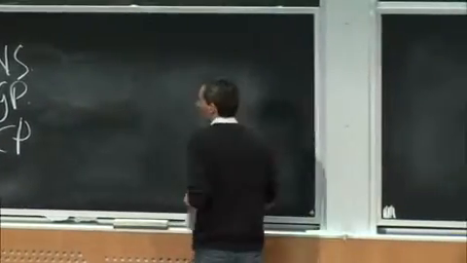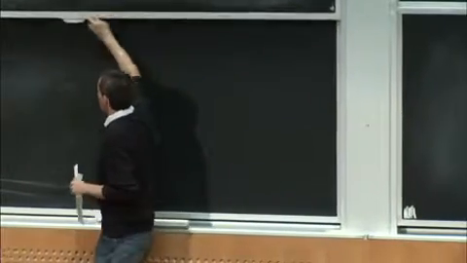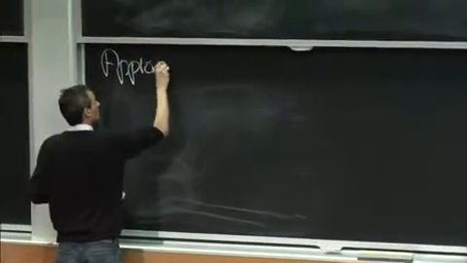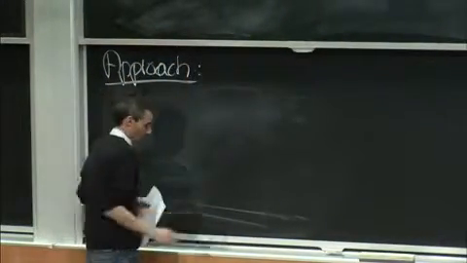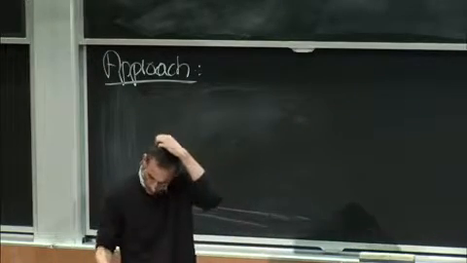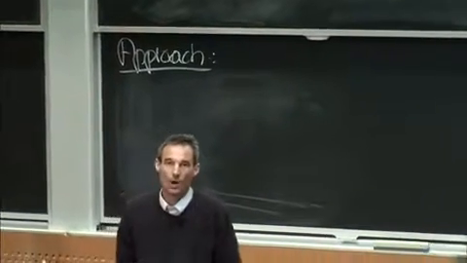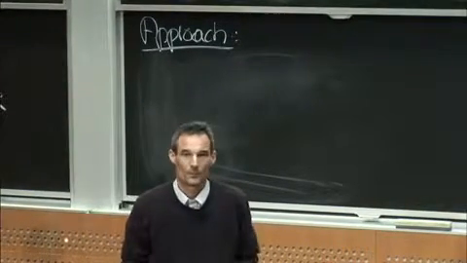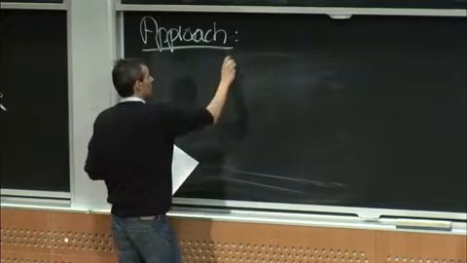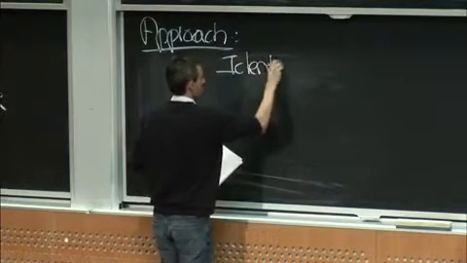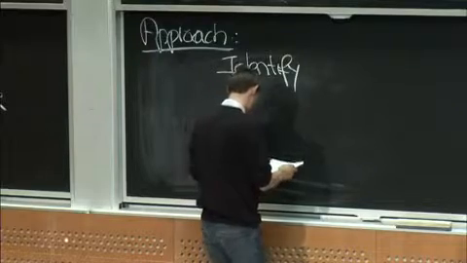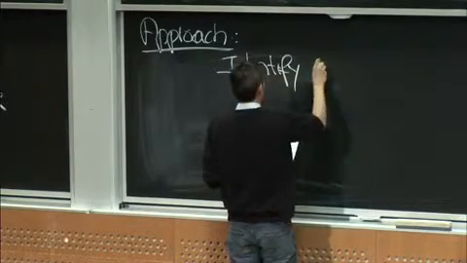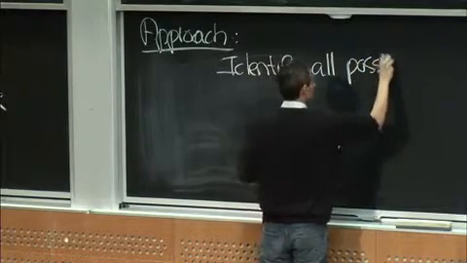So the general approach in building fault-tolerant systems is to be pretty careful and state very explicitly what your assumptions and goals are. And so the typical rule when one builds fault-tolerant systems is, first of all, identify all possible faults.